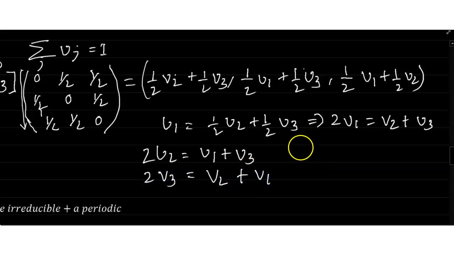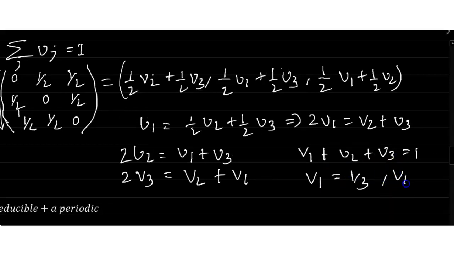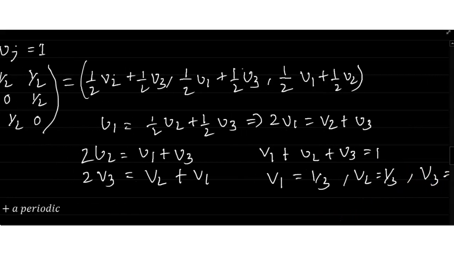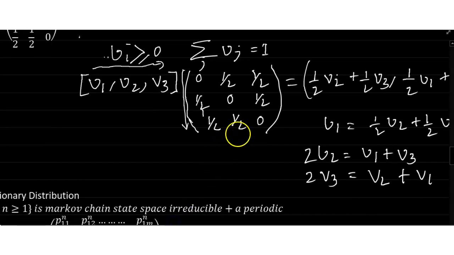And now we know that v1 plus v2 plus v3 equals 1. So putting in the values, we get v1 equals 1 by 3, v2 equals 1 by 3 and v3 equals 1 by 3. Another way, friends, you will see, is that it is a doubly stochastic matrix.